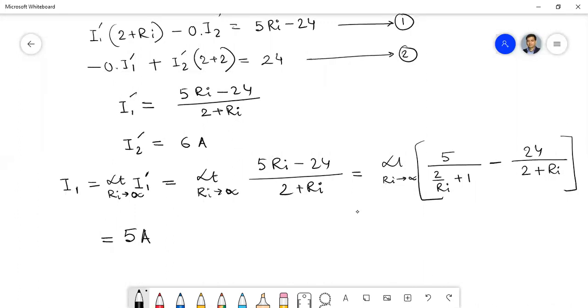Is it clear? Any doubt? And anyway, this I2 prime doesn't depend on Ri, so we can write this is the I2 only. So that means I1 equals 5 ampere and I2 equals 6 ampere. So this is the answer.